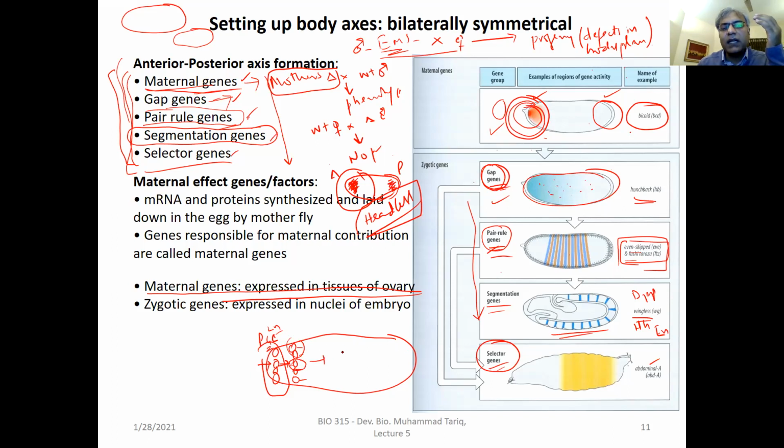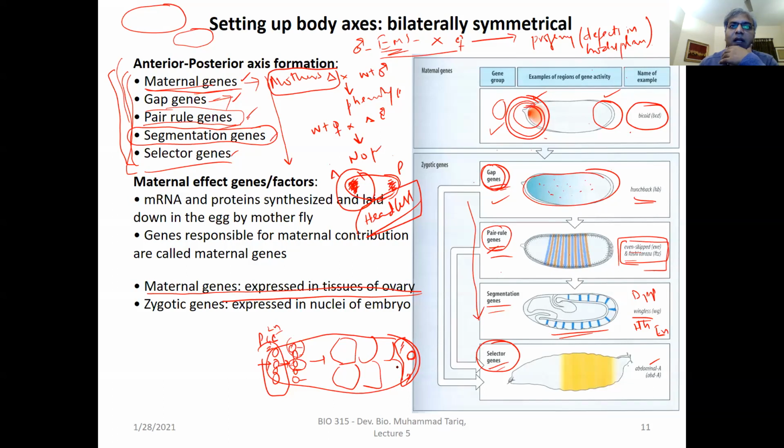By the end, through different developmental stages in the germarium, you have one nucleus or one cell, which is the future oocyte. At this stage, within the ovary, at the time of egg formation, you have messenger RNAs deposited at different axes, and they define the axis of the embryo.